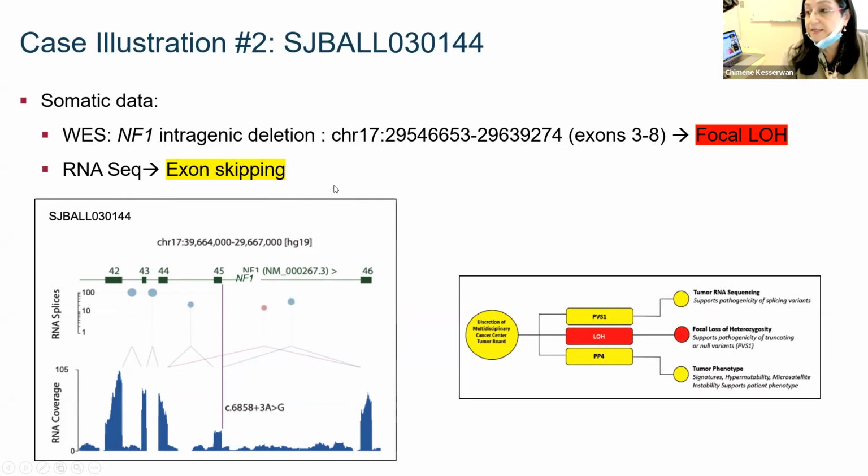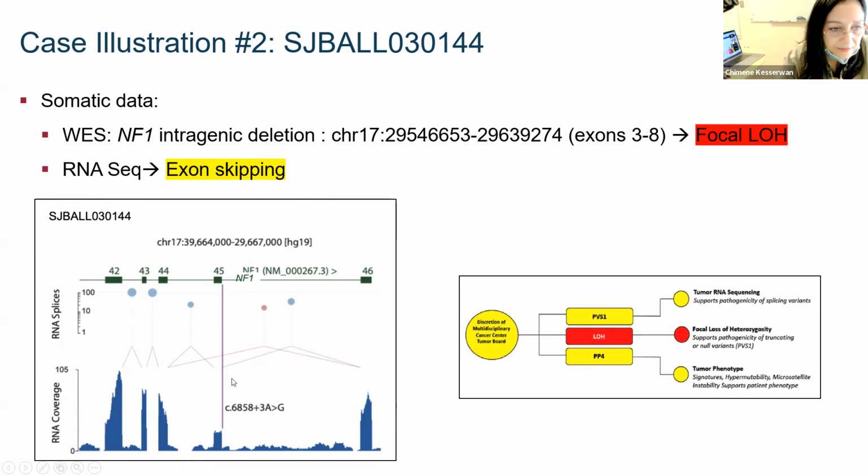And we looked at RNA-seq data, and here is the gene. These are the exons. Our variant is in the intronic region here, and the RNA-seq showed, you see the histogram here, that some reads kept exon 45 and went directly to 46.